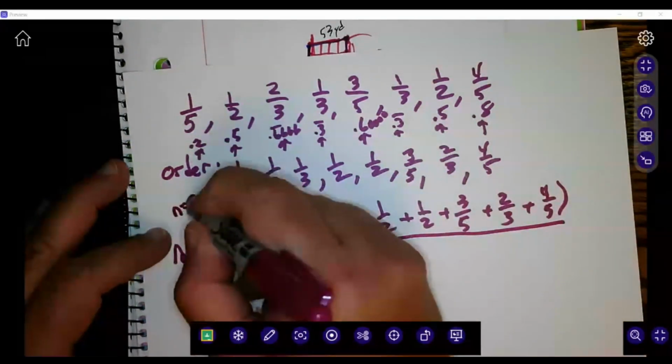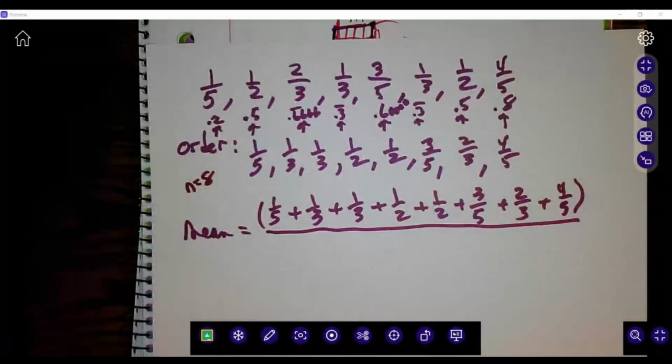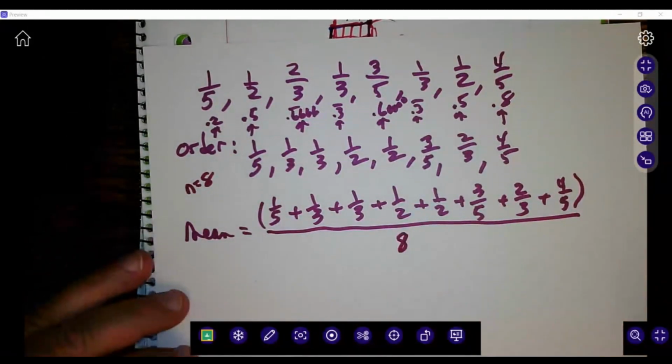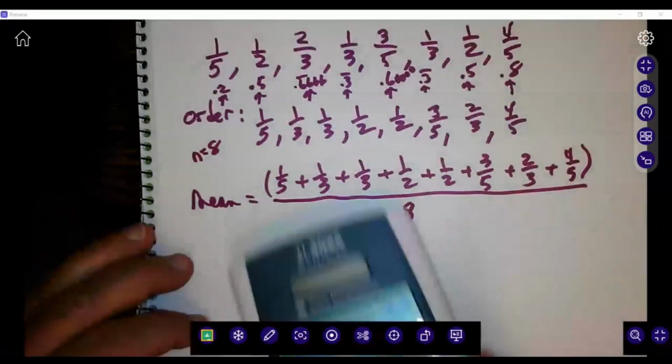Our n is 8. We have 8 data values. So we're going to divide that by 8.